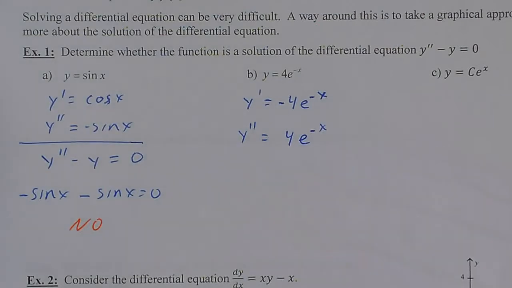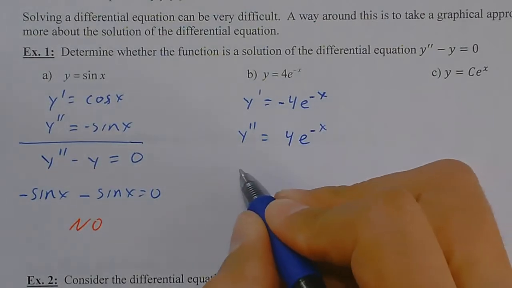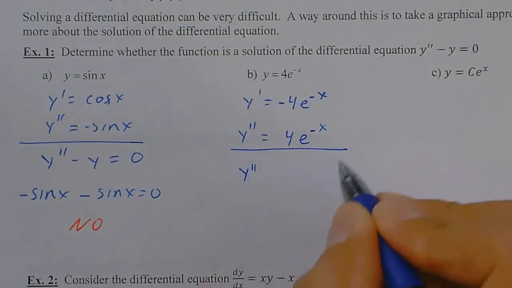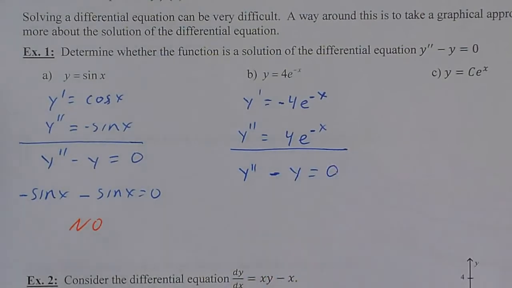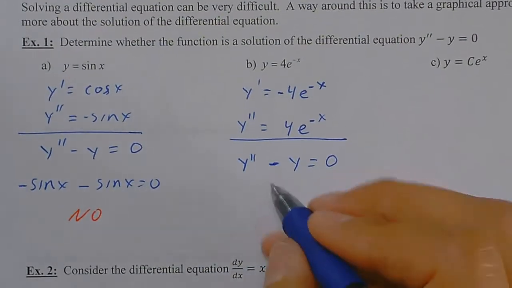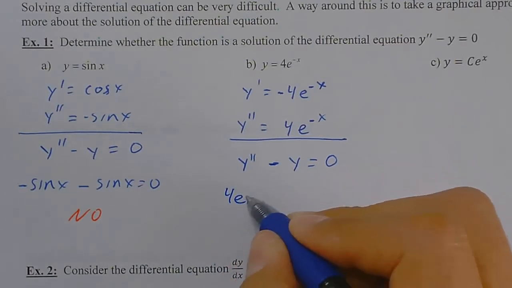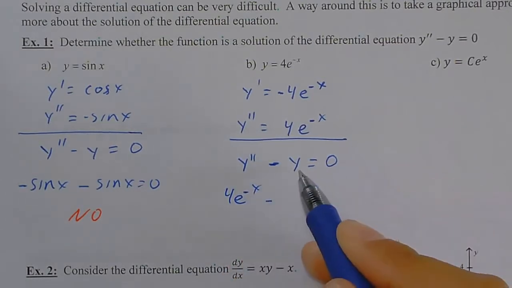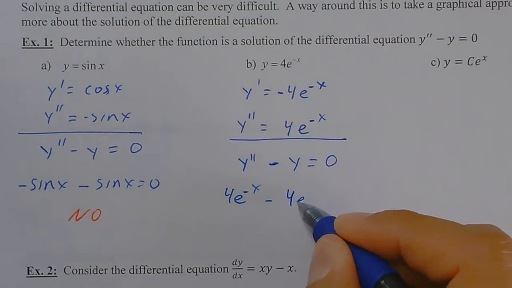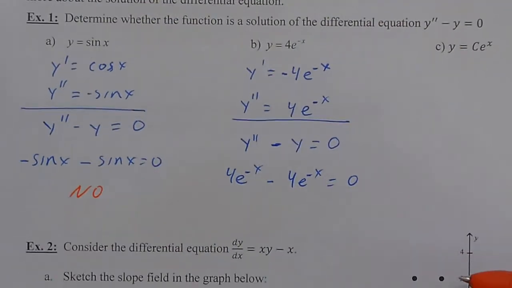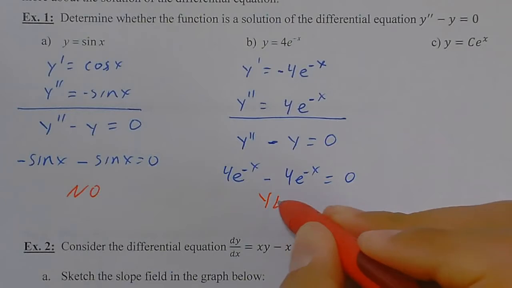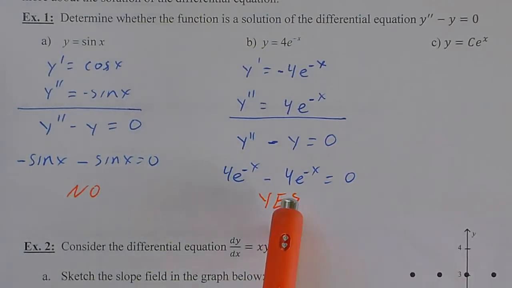And we can check whether the second derivative minus the function equals 0. Given the second derivative that we calculated and the y that was given, it looks like this will be true, and so we can say that yes, in fact, that is a solution to that differential equation. Okay, and I'll let you check C on your own. I believe it's going to be a yes as well.